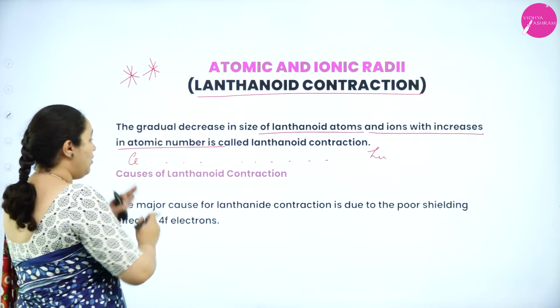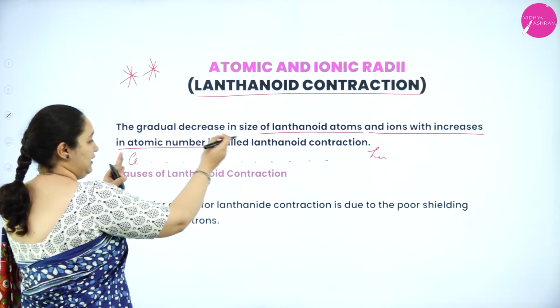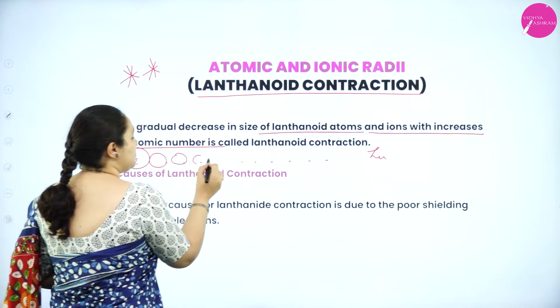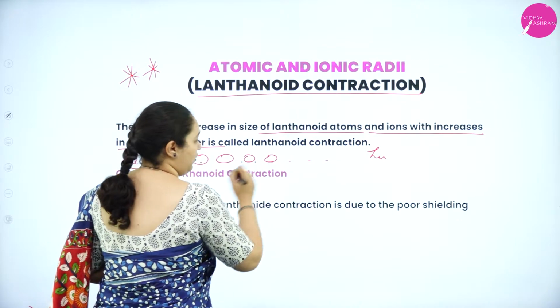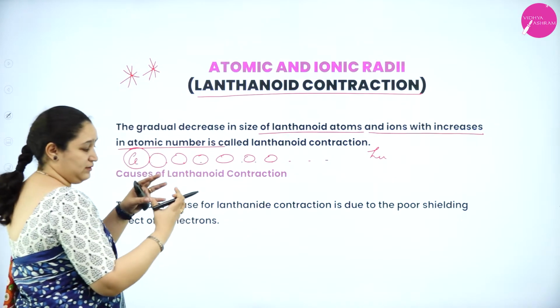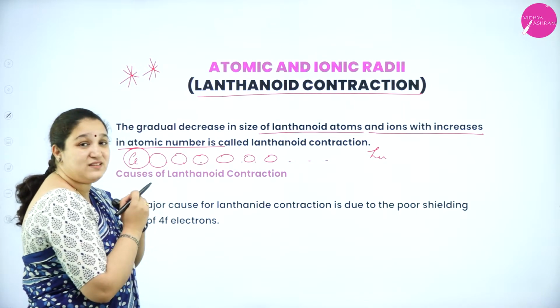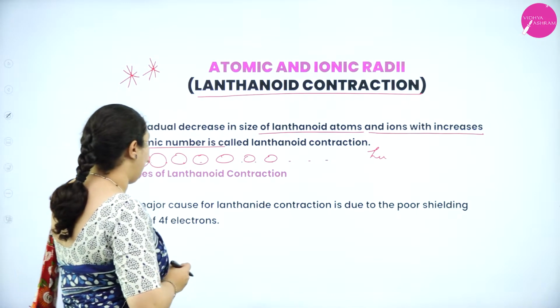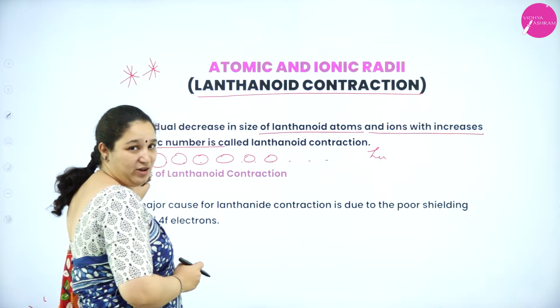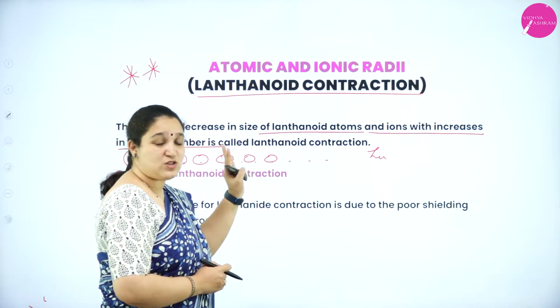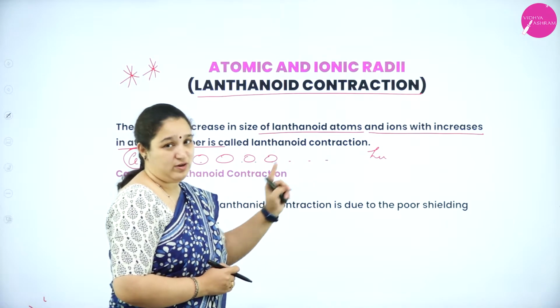As the atomic number increases, the size becomes smaller and smaller. So there is a decrease in atomic size as well as ionic size, and this decrease in the atomic or ionic size as electrons are being added is called lanthanoid contraction.